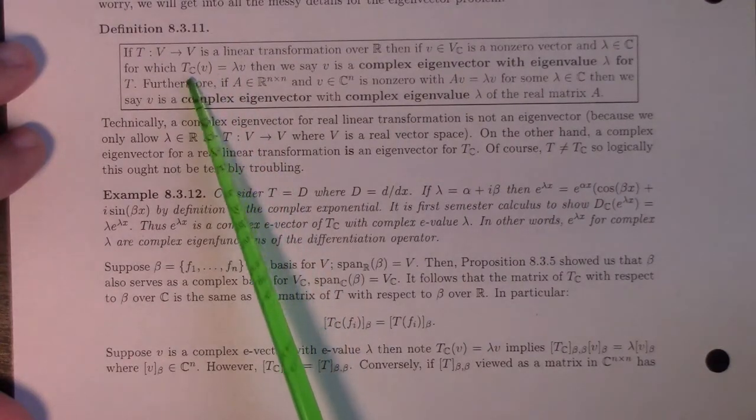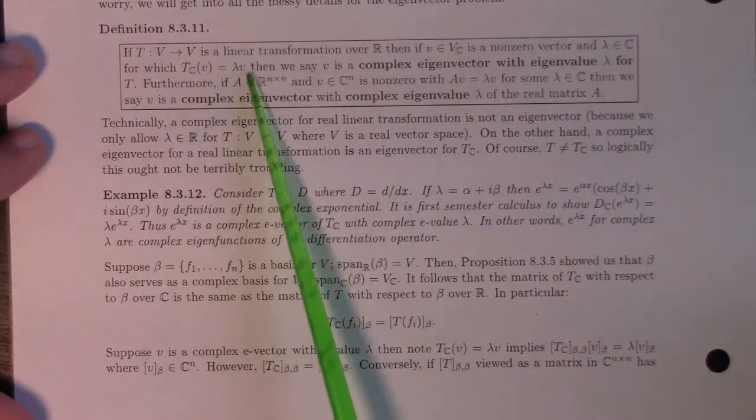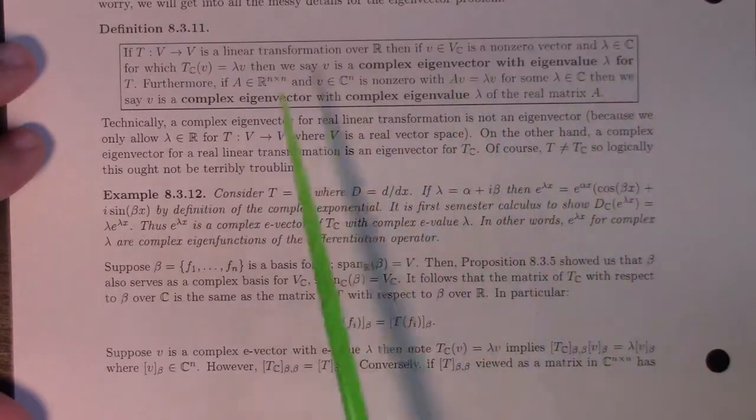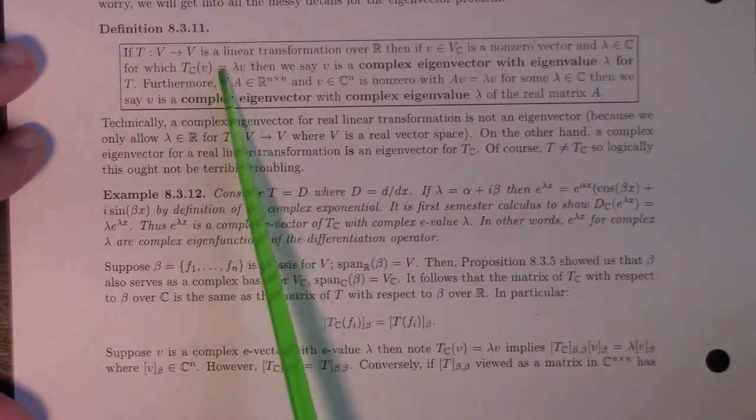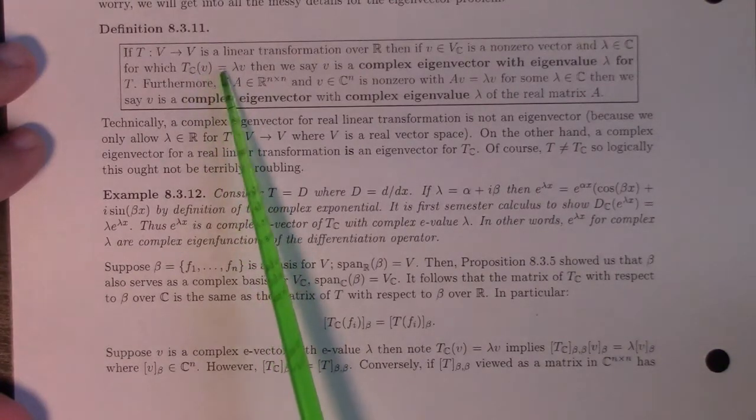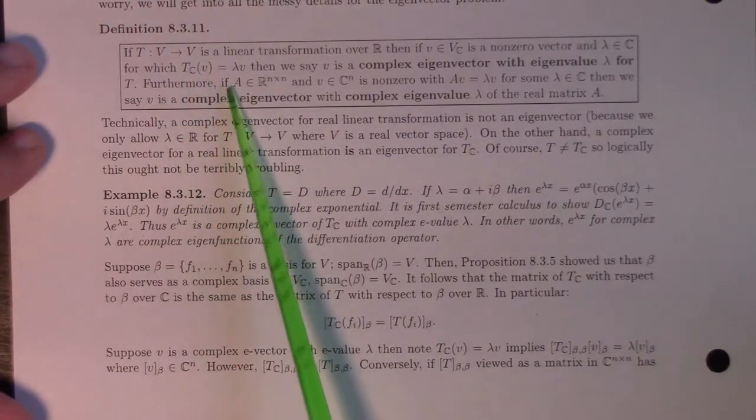All right. So if we have a complex eigenvector with eigenvalue lambda for T, that means we have a complex eigenvector for the complexification of T. Furthermore, we can do the same for a matrix.